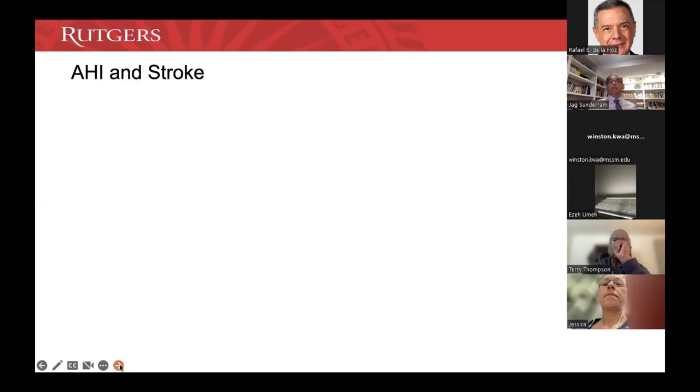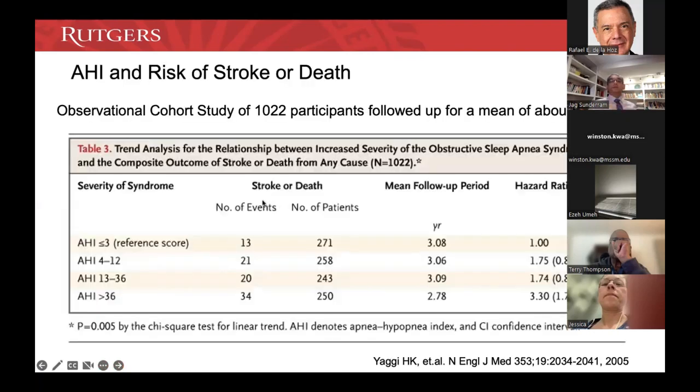And finally, the data on strokes. The data on strokes is more significant in that, again, in the highest quartile of AHI, there was a hazard ratio of almost threefold increased risk for development of strokes. This was from a single center at Yale of about 1,000 participants in a 3-year follow-up.